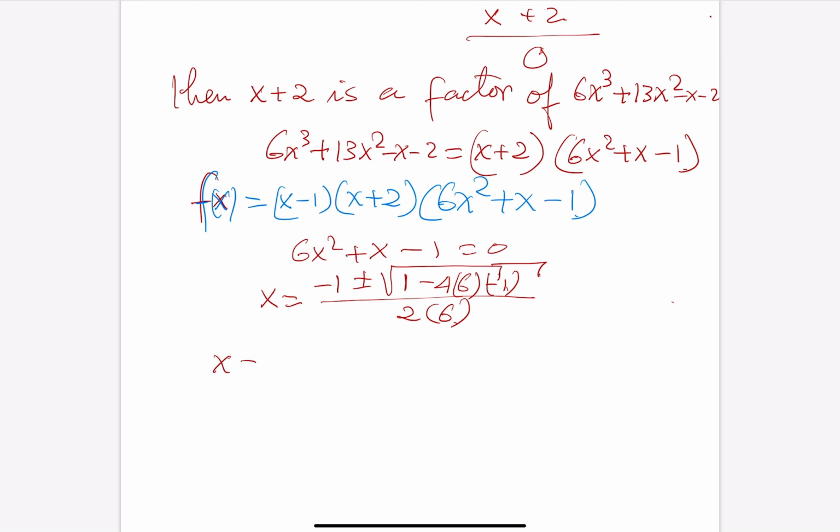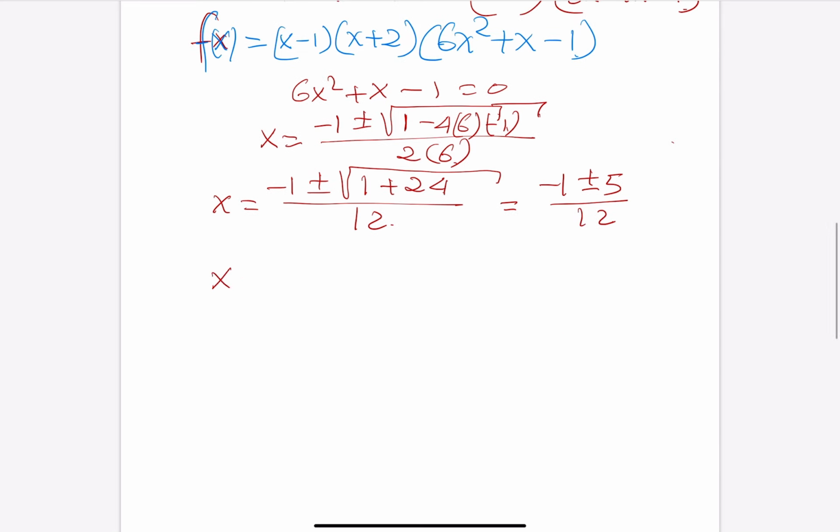Then x equals negative 1 plus or minus the square root of 1 plus 24, divided by 12. And then you will have negative 1 plus or minus 5, divided by 12.